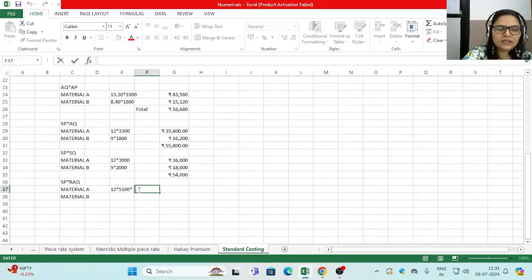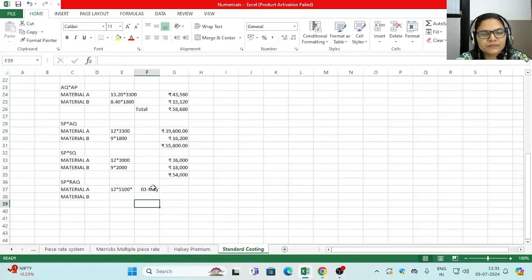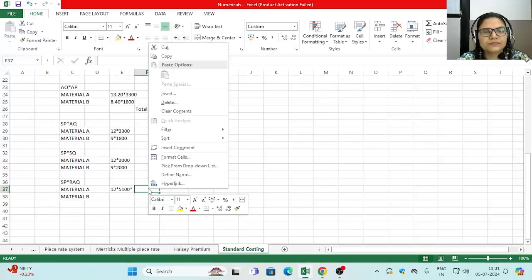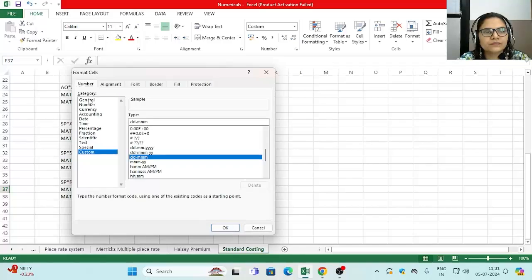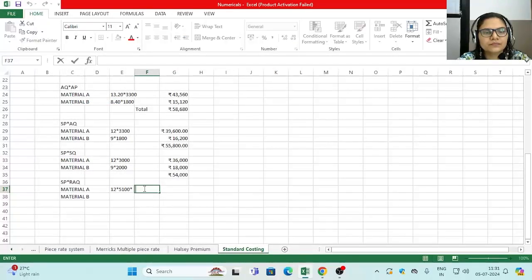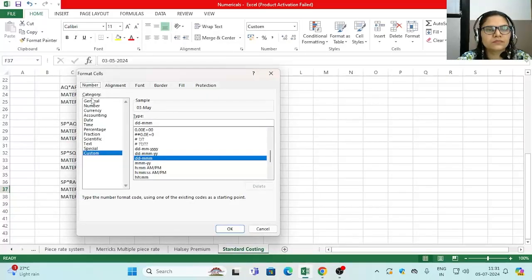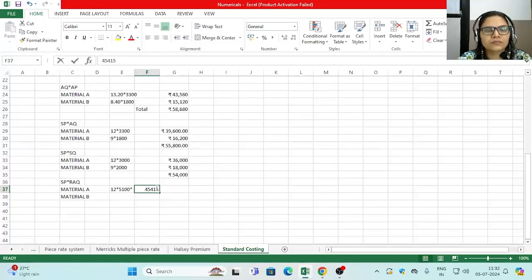And it will be 3 divided by 5. And this particular calculation, this problem is really a big problem.